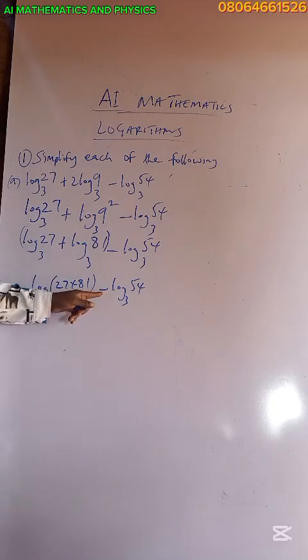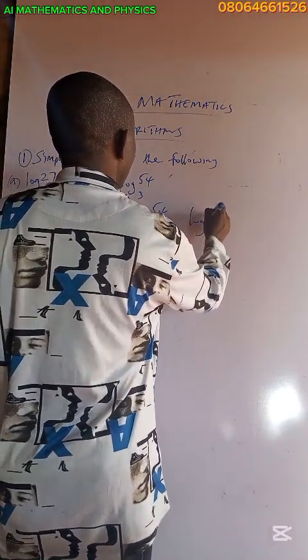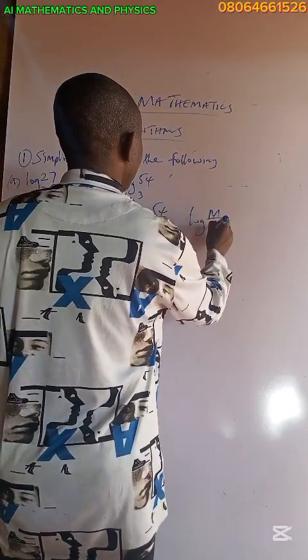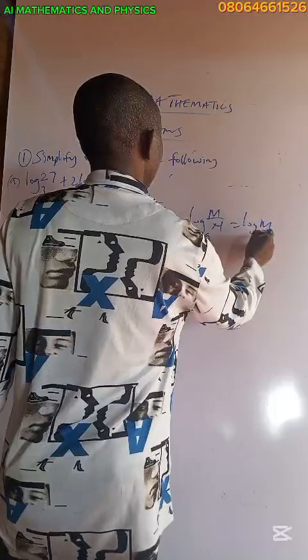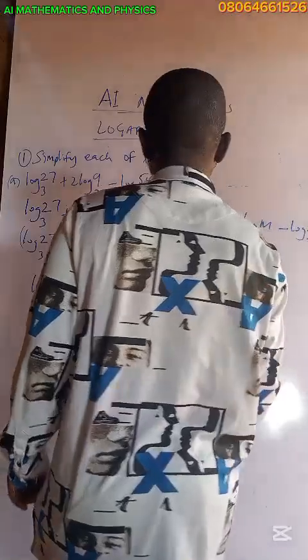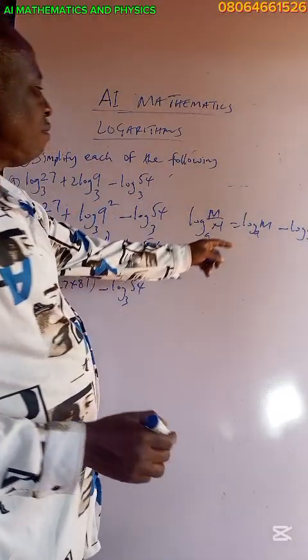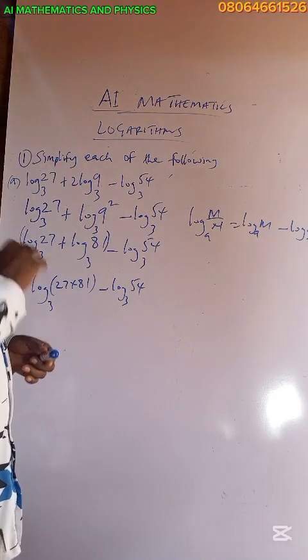You can see this one is negative. When you have negative, you have something like this: log m over n base a is the same as log m base a minus log n base a. That means whenever we have minus, we divide, and when we have plus, we multiply.